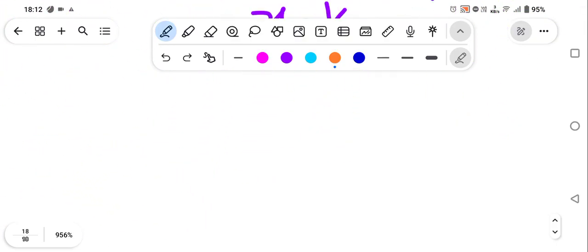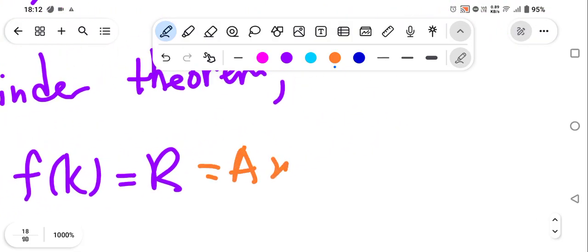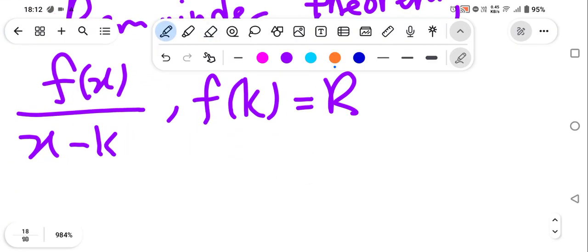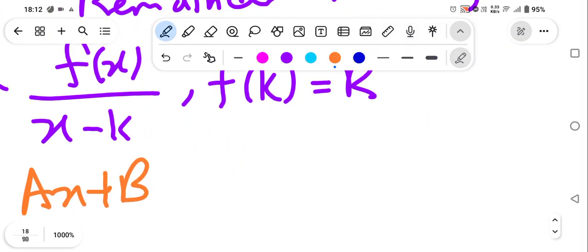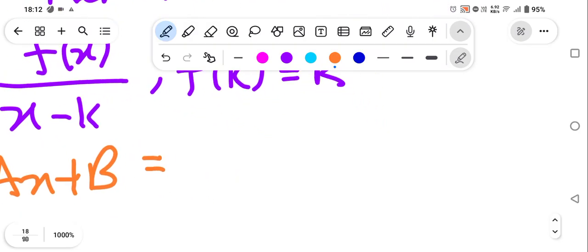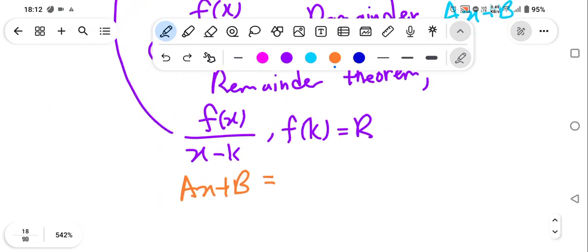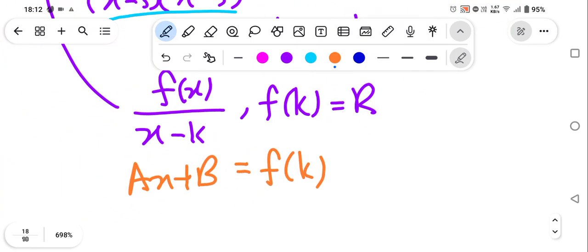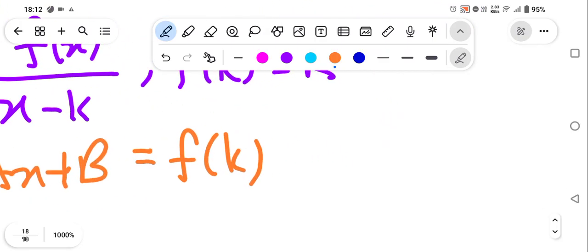So in the first case, we know that the remainder will be ax plus b, and this remainder will be equal to f(k). So how many values do we have for f(k)?